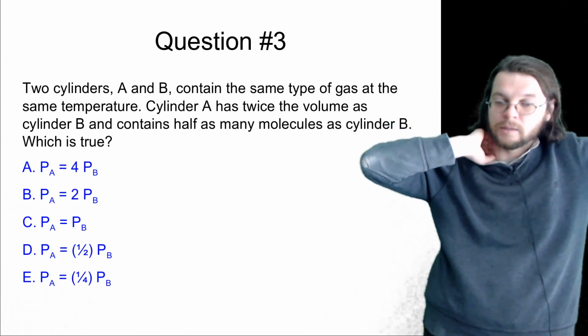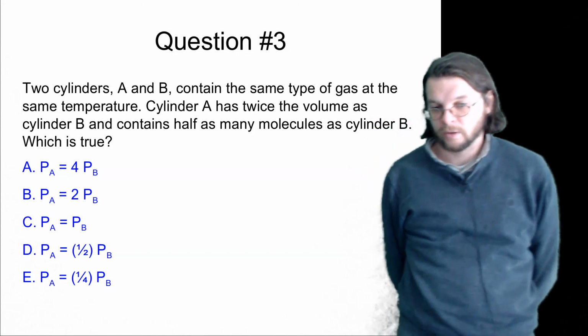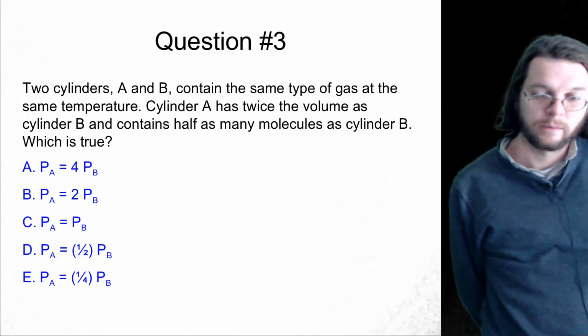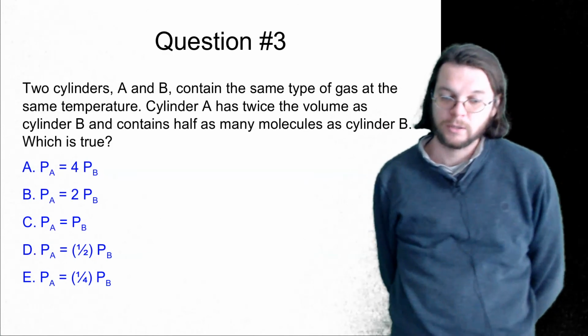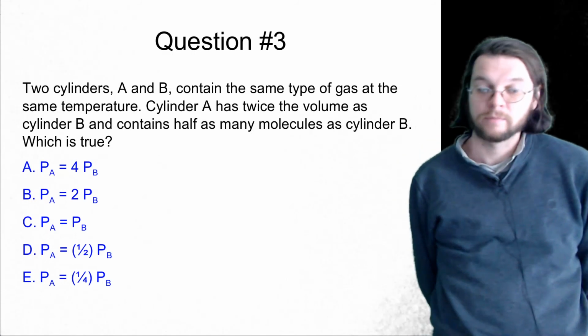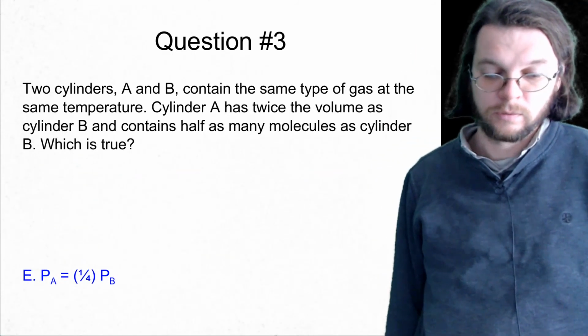Right? But they're not the same volume. Cylinder A is twice the volume of cylinder B. And so cylinder A has half as many molecules, which would lead to half as much pressure, but then it's twice the volume, which would cut the pressure in half again. So I would say that cylinder A has 1/4 of the pressure of cylinder B.